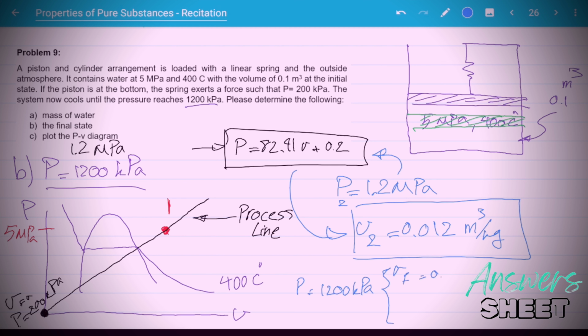The specific volume for saturated vapor is 0.16326, both in meters cubed per kilogram. Now our number is somewhere between the saturated liquid and saturated vapor. We are somewhere in between here. So that means we are in the saturated mixture zone.